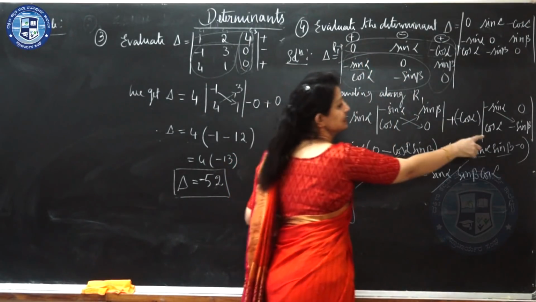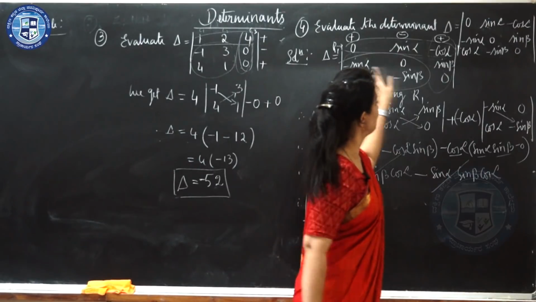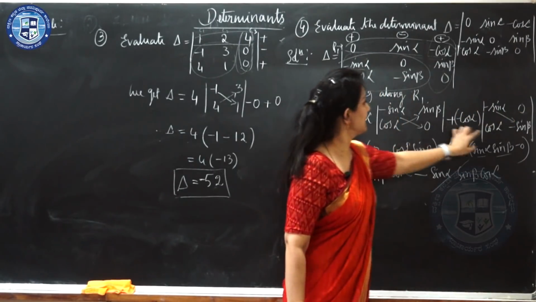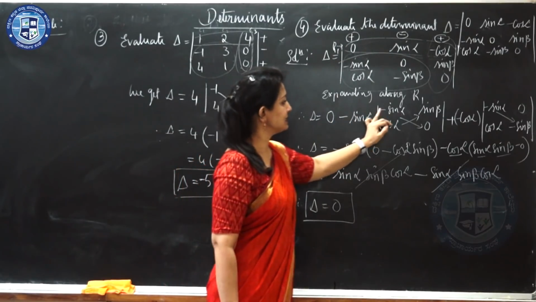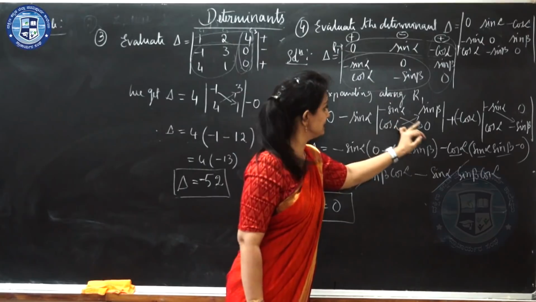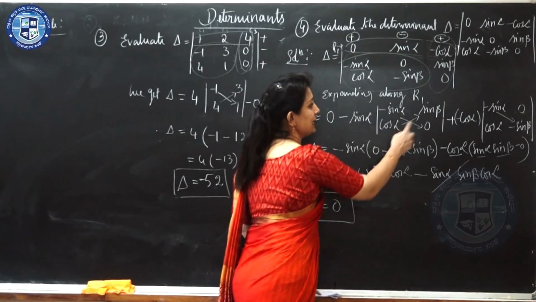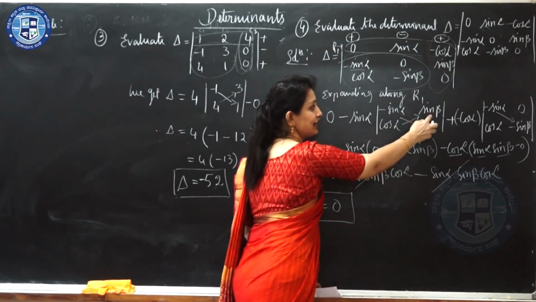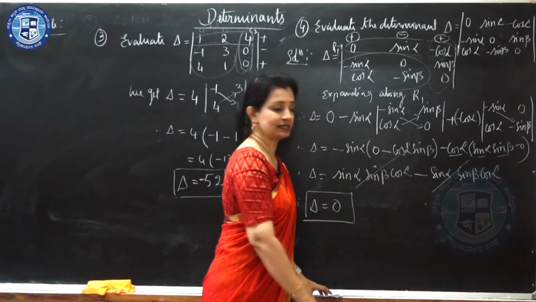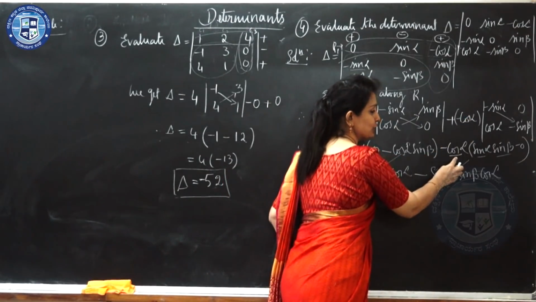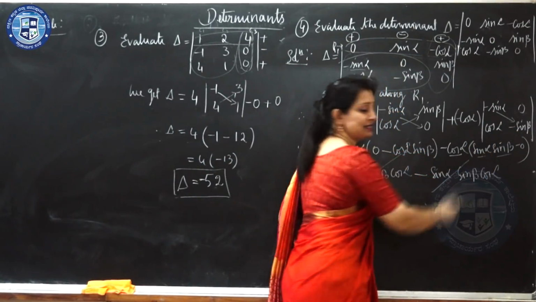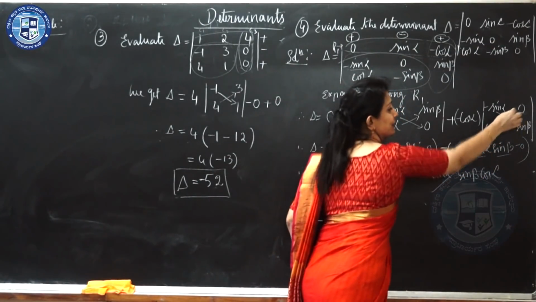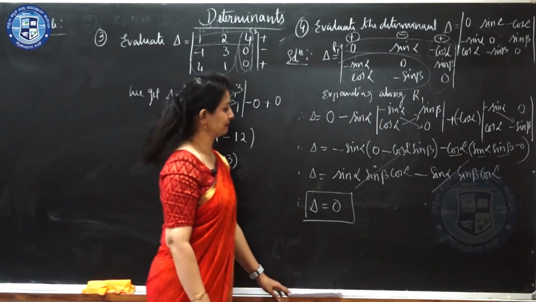These 4 elements are written in determinant form, minus sin alpha 0, cos alpha minus sin beta. You know how to expand it now. Minus sin alpha into, cross multiply, this is 0, into sin alpha, into cos alpha into sin beta is written as it is. Minus, here minus cos alpha, cross multiply, minus sin alpha minus sin beta is plus sin alpha sin beta, 0 into any term is 0 there.